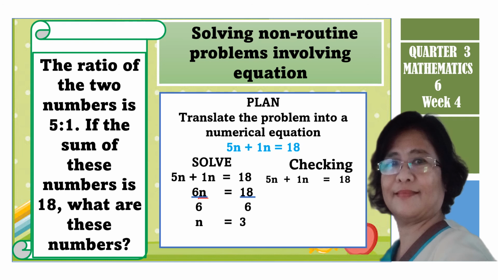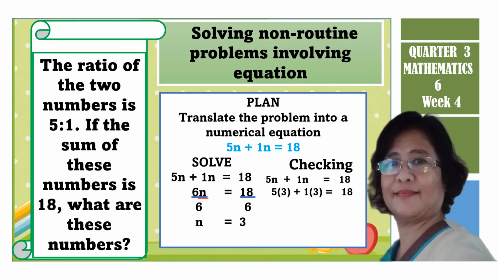To check, let us substitute the value of n. In order for us to know the two numbers, we have to check if it is equal to 18. So 5 times 3, which is the value of n, and 1 times 3, the value of n, is equal to 18.